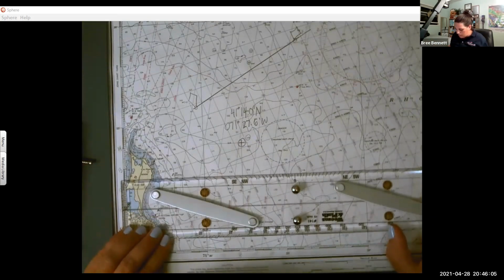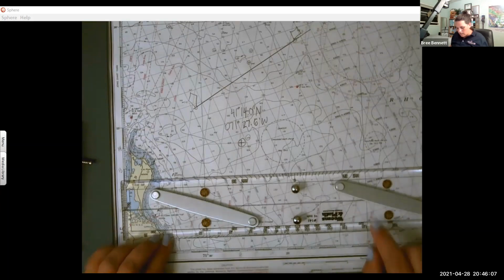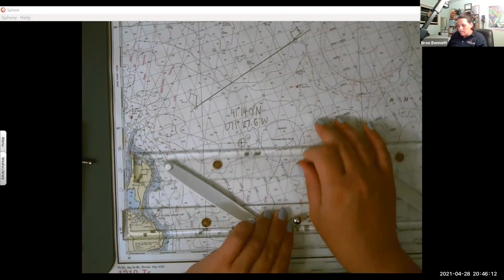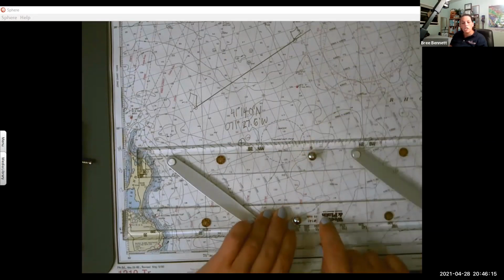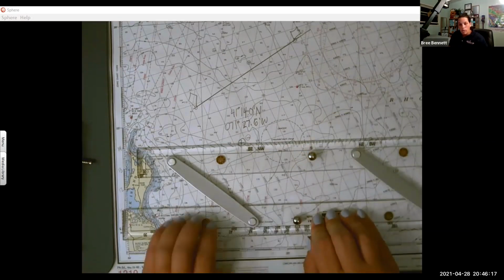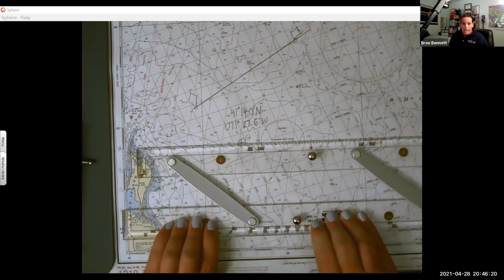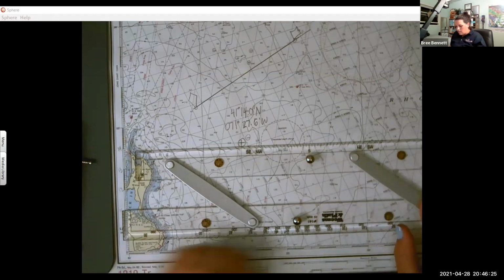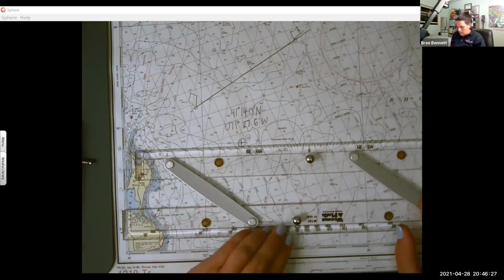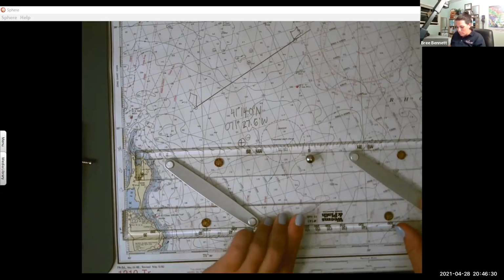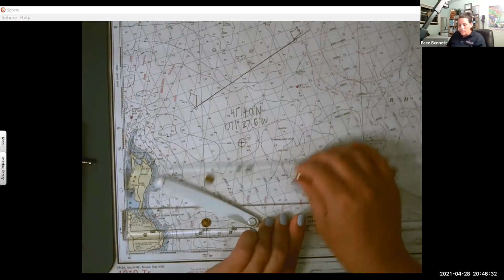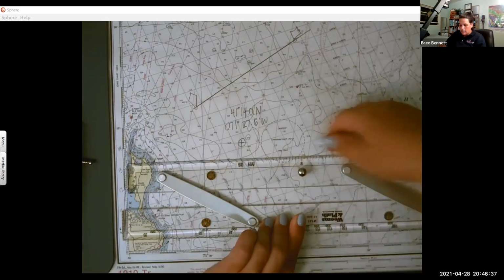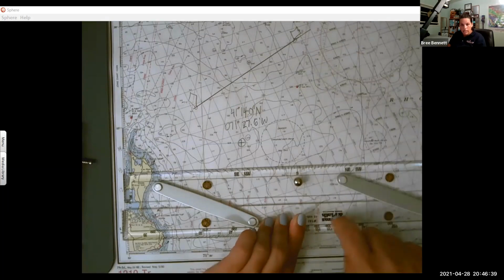So I put up the black line exactly on a latitude line that I know of, and then I keep pressure on the one that is on a known latitude line, and then I can move. Oops, I jiggled. You're going to get to jiggling a lot tonight. So I'm going to put pressure on this one, and then I can move this freely, and anywhere along this line is parallel to this ruler.